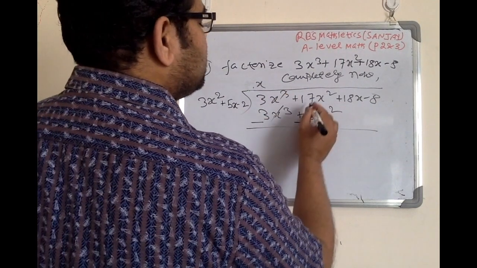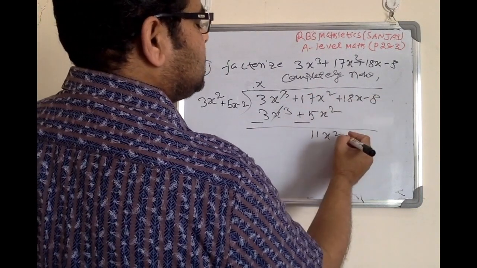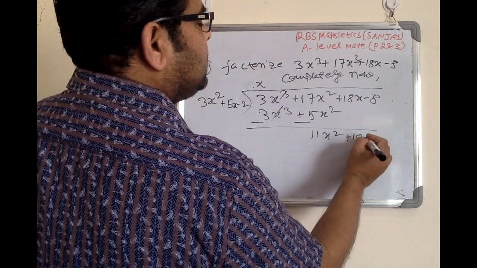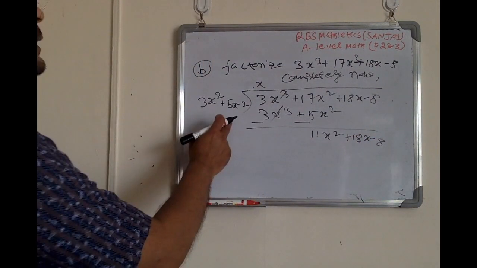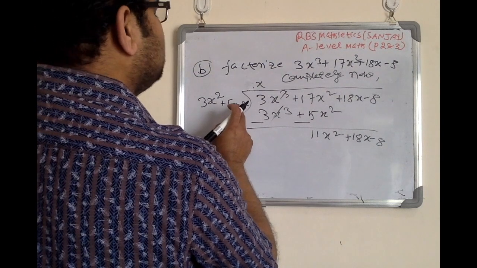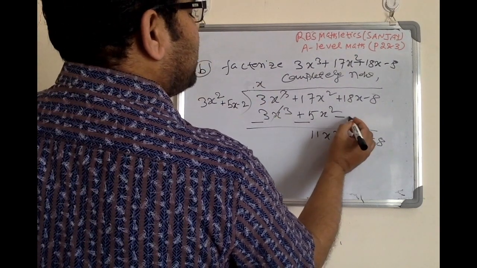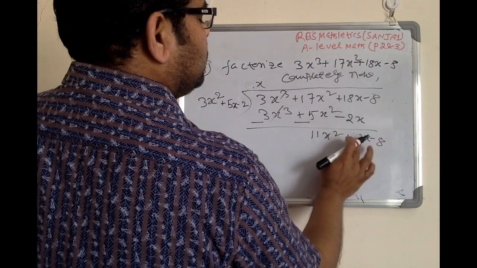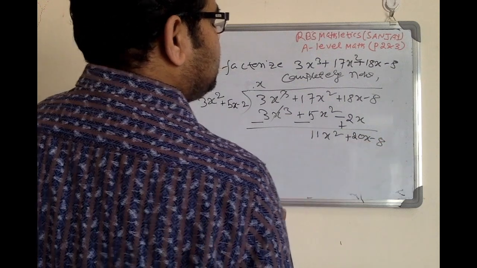It is 12x squared, and then the remaining terms are plus 18x -8. Now we have another term also, -2, so -2 times x is going to be -2x here, so it is 20x -8.